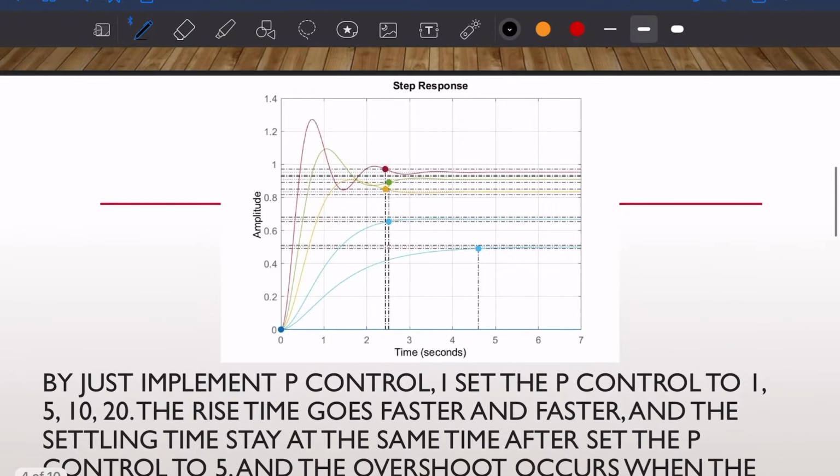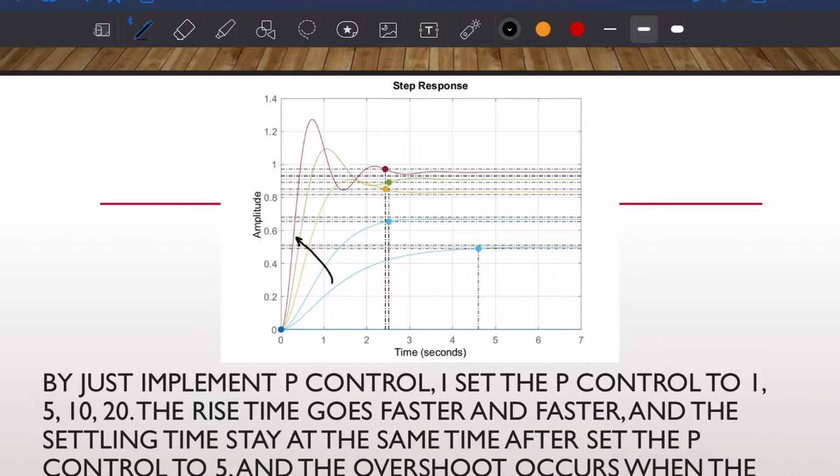Then I adjusted the P control. I set the P control to 1, 5, 10, and 20, and the integral and derivative controls remain 0, and the rising time gets faster and faster. As you can see, the slope goes up faster and faster.